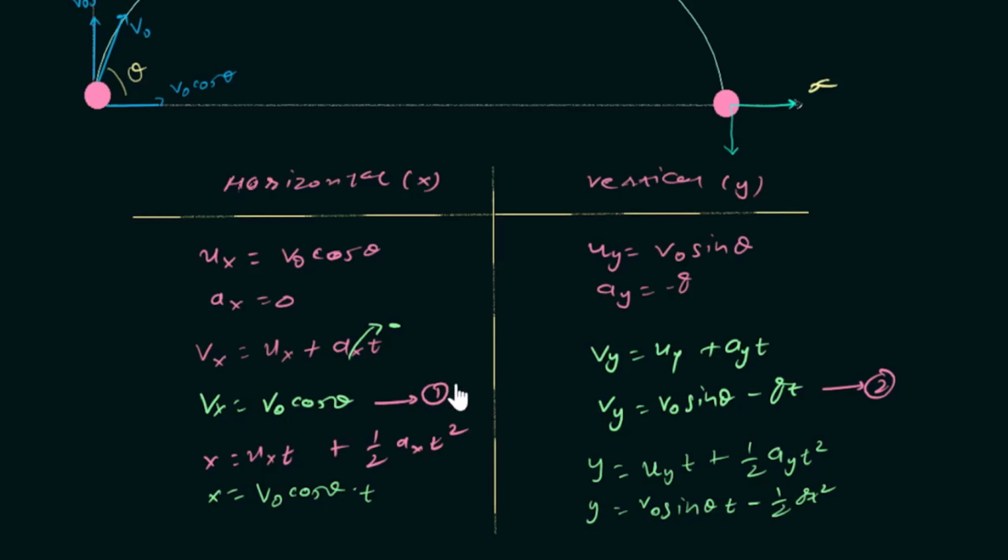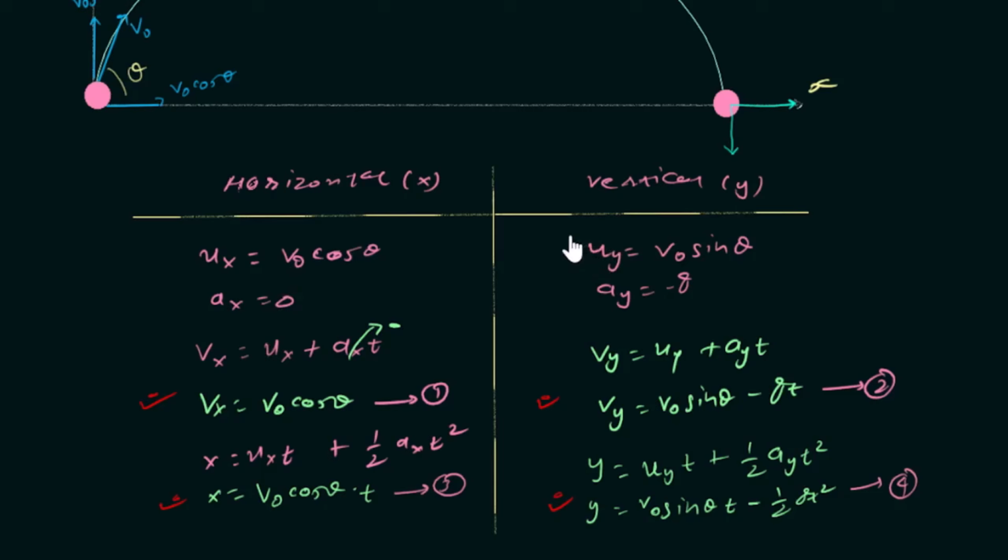Take these as equation number 3 and 4. So we have four equations, which we are going to use to derive different parameters.